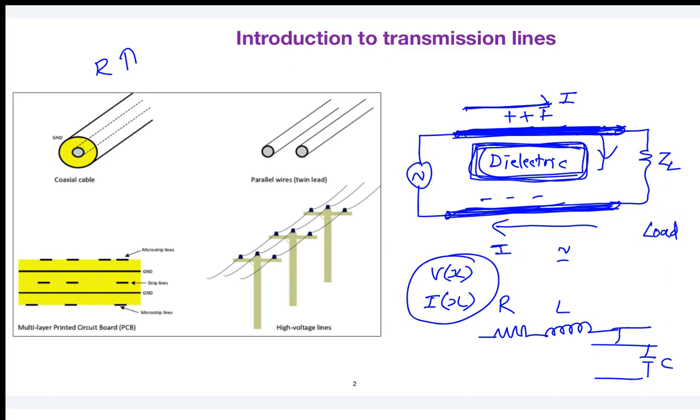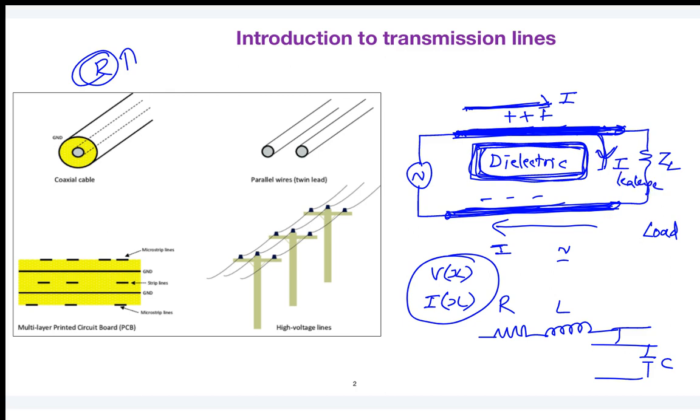The same thing I was telling here. If it is non-ideal, there will be a finite resistance offered, which is of course very high. So a small amount of the current flowing on the conductor will flow through the dielectric medium. That is said to be the leakage current.